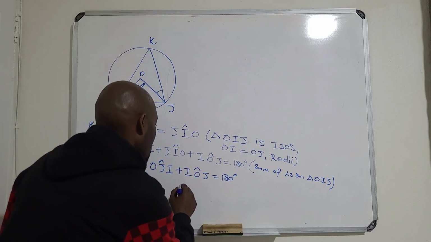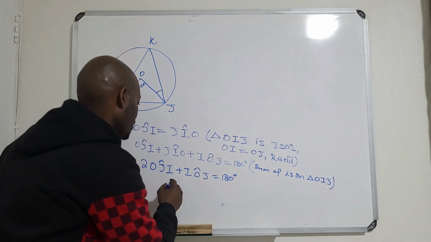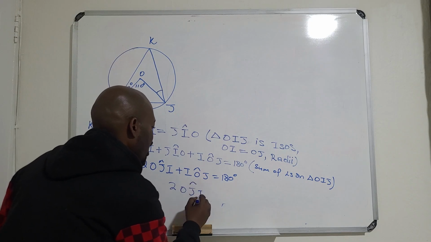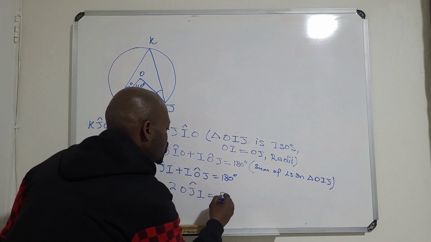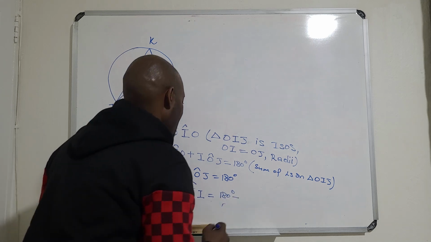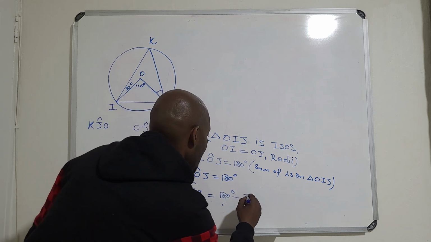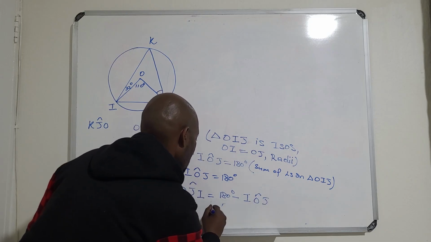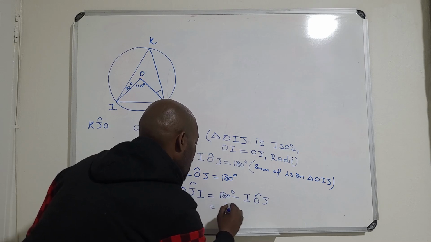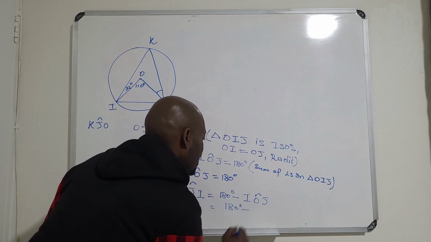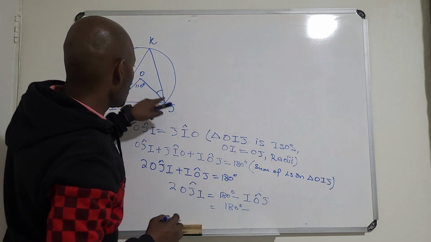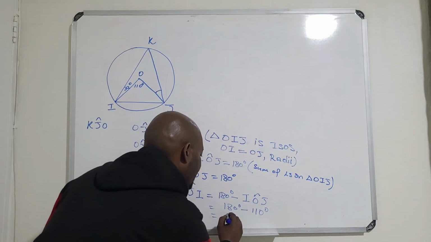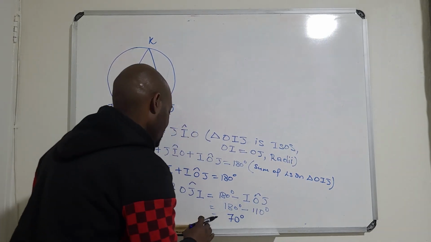Now, therefore, 2 angle OJI is equal to 180 minus angle IOJ, which is equal to 180 degrees minus 110, which is 70 degrees.